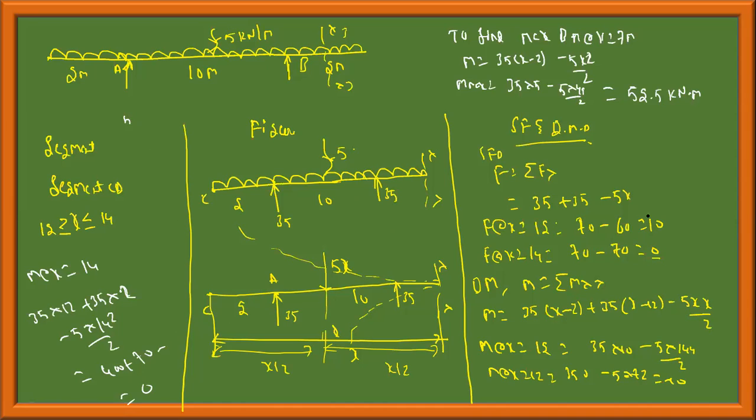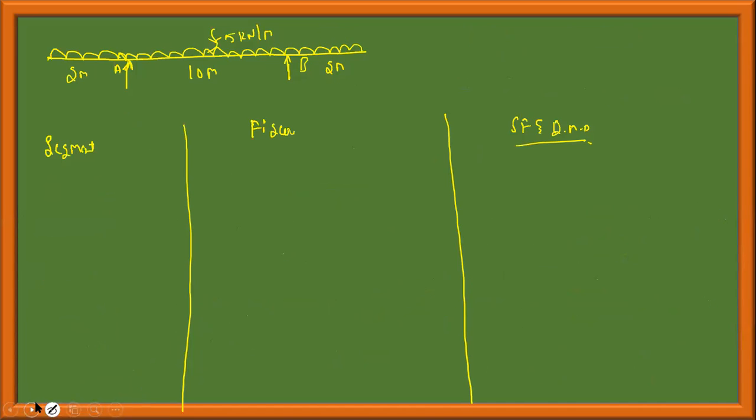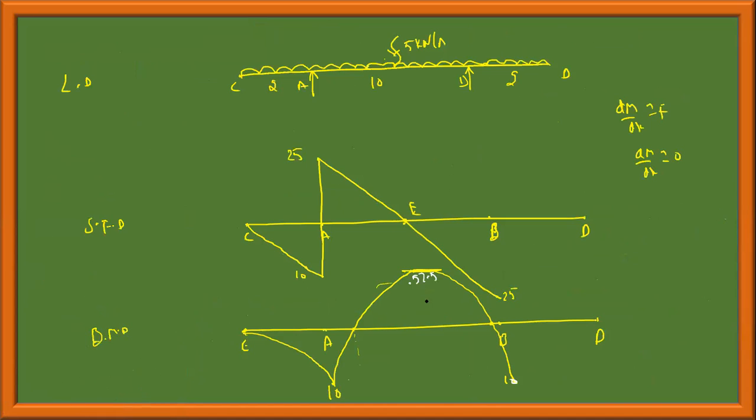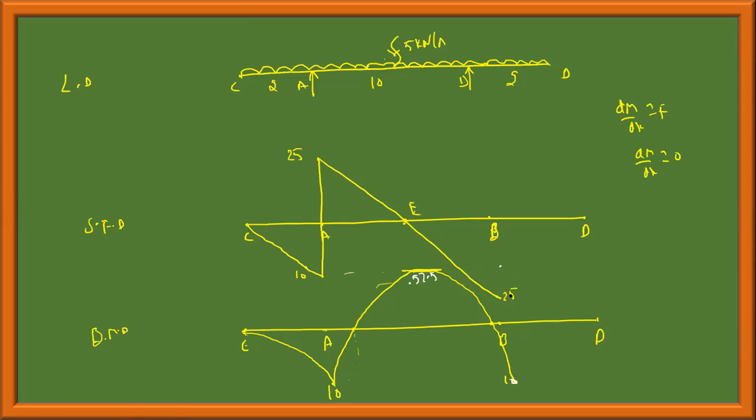This is a constant load, therefore the shear force part will be linear. The bending moment will be quadratic or parabolic, second order. That's it. F at x is equal to 12 is 10, and at x is equal to 14 is 0. See, there is a sudden rise like this, and when there is a point load, there will be a sudden rise like this, equal to 10.